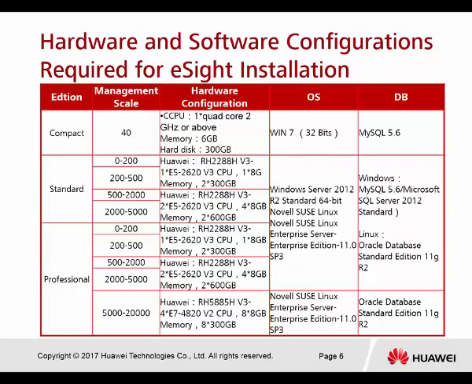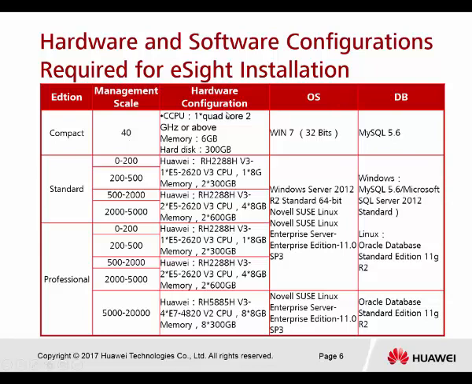Hardware and software configuration required for eSight installation. So what are the requirements that we need to look at? Let's start with the compact edition. This compact edition only allows us to manage up to 40 nodes, that means 40 network equipment.